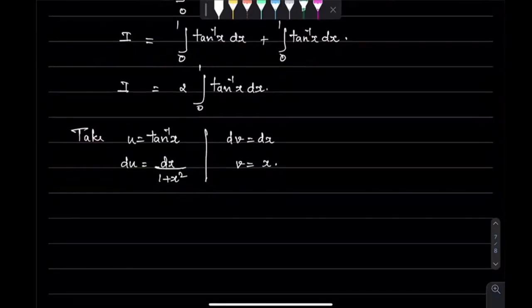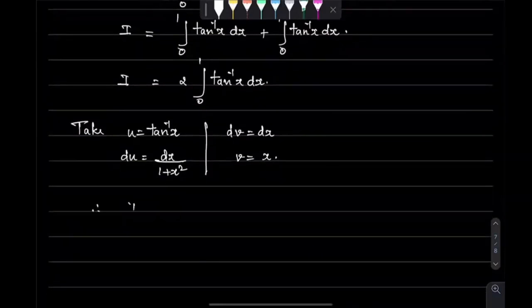So once this is over, your I becomes 2 times of, it is of the form integral u dv. So what do you get? What is integral u dv? uv minus integral v du, right? Yes, sir. So it is actually of the form 0 to 1 u dv, which is nothing but 2 times of uv minus integral v du.